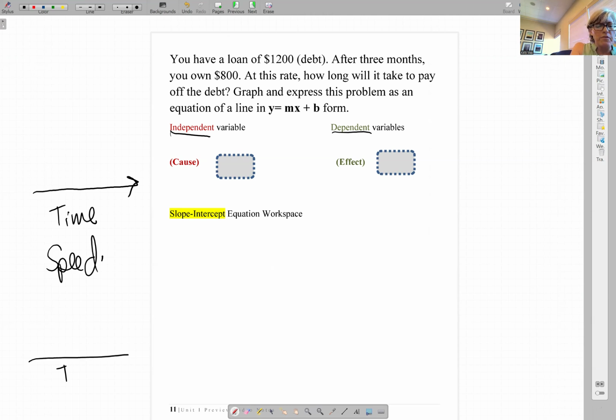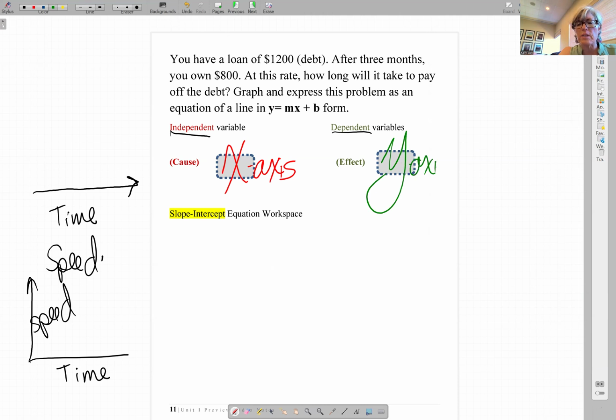So your time factor is what is called the independent cause, and your speed would be the dependent cause in this case. And in graphing, the independent or the cause is on the x-axis. That's very important. And the dependent is on the y-axis.